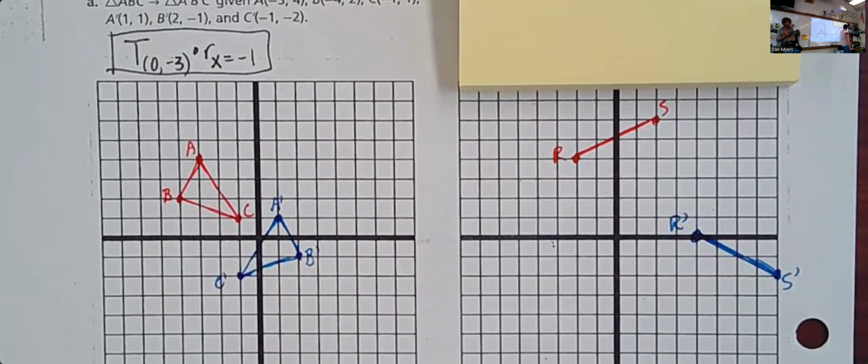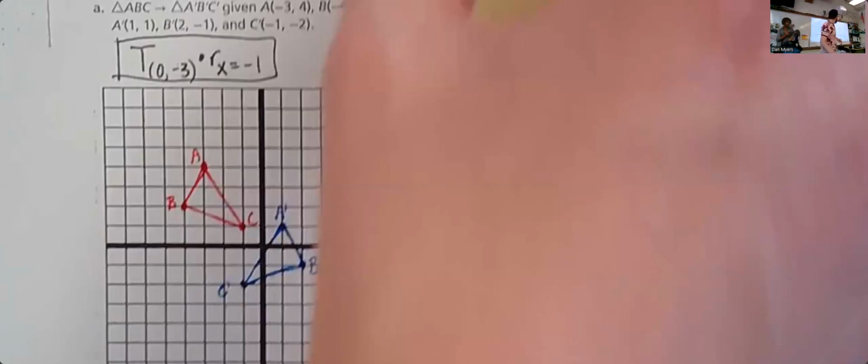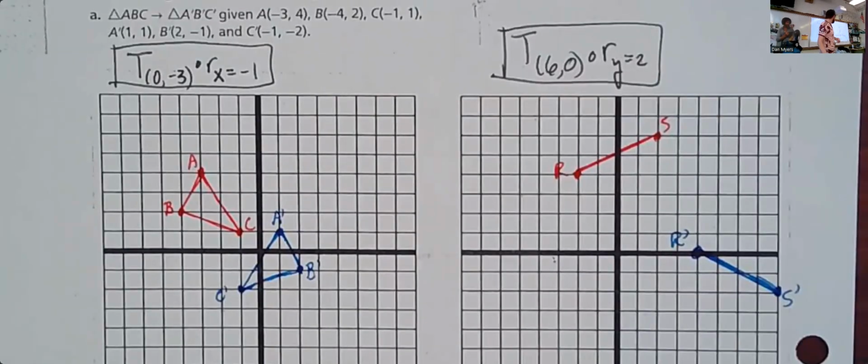Yes, because we're going in a positive direction on the x-axis. Then that would put it here and here, which would then reflect across like that. Your point R would be 1, 2, 3, 4 away, and if you're reflecting it across a horizontal line, that would be across the line y equals 2. So 6, 0 for the translation, y equals 2 for the reflection.